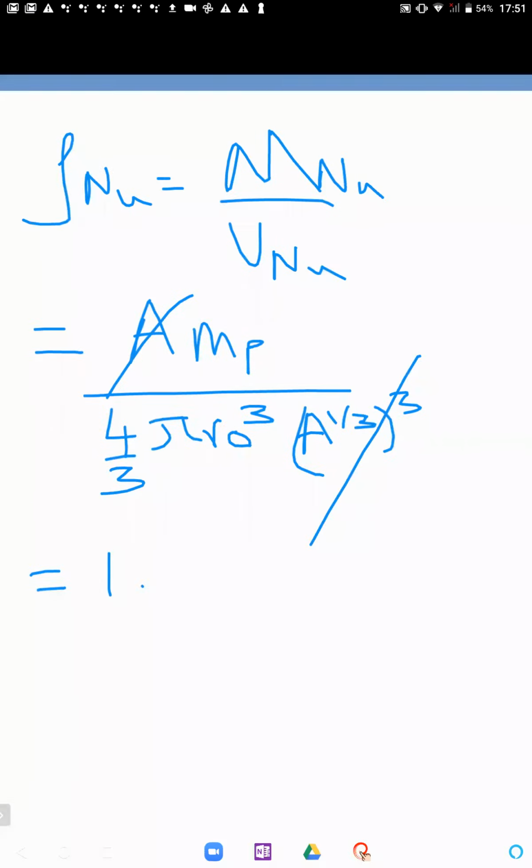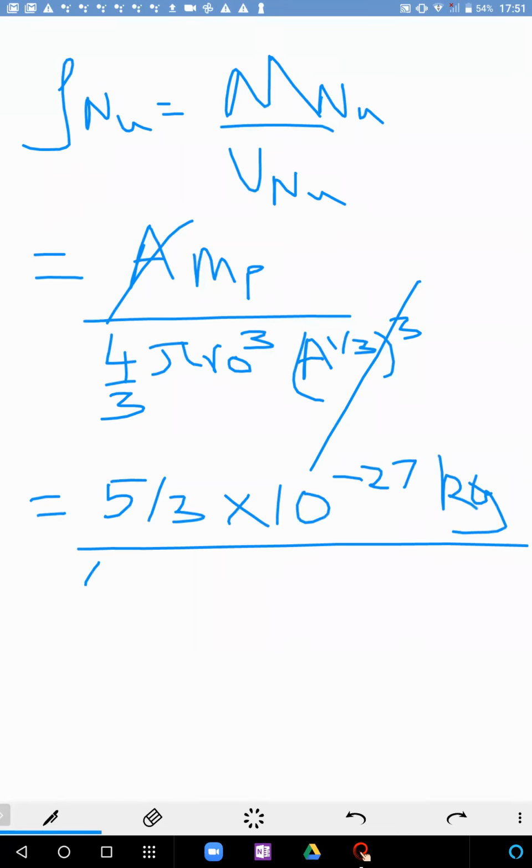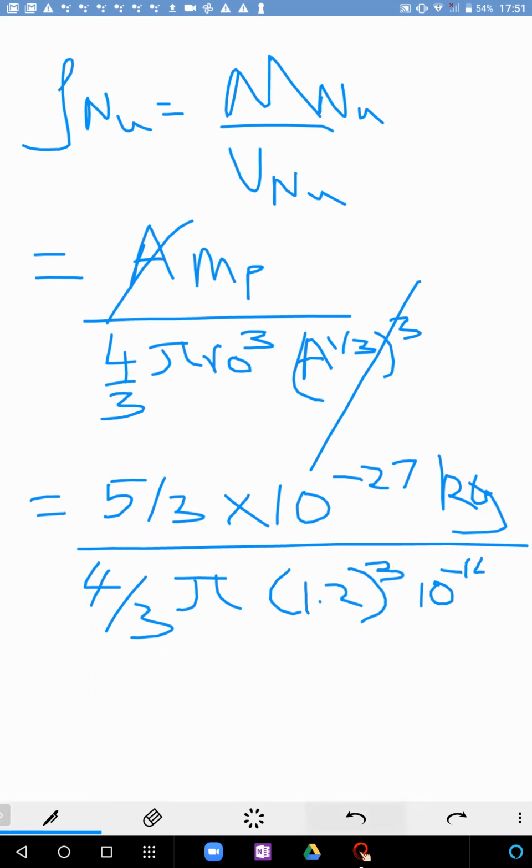So mass of a proton is 5/3 into 10 to the power minus 27 kilograms, and नीचे है 4/3 pi r naught cube. क्या था यार? Fermi meters, I think 1.2 Fermi meters. So 10 power minus 15 का cube. Yes, so 10 power minus 45.